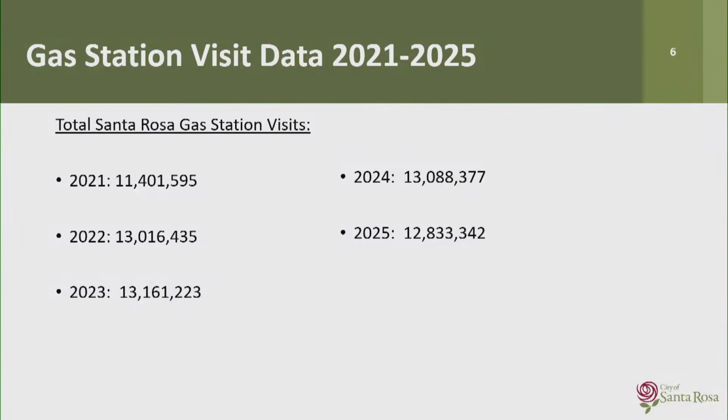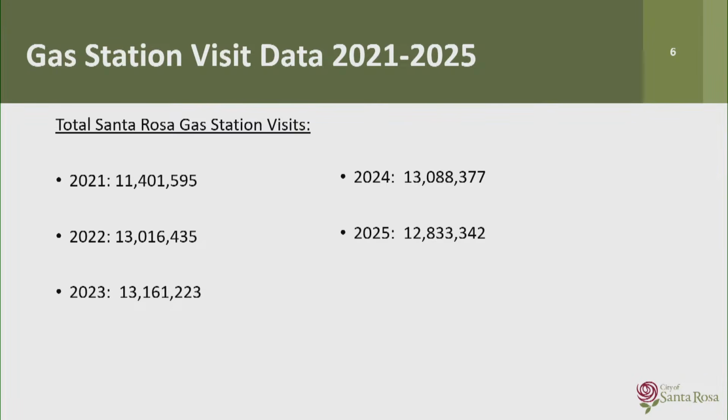Ms. Fleming. Yeah, thank you, Mayor. I was just curious if you could go back to the slide with the gas station trips. When I look at this slide, it'd be so nice if we had 2019 data up here, because I think that's actually our baseline, not 2021.